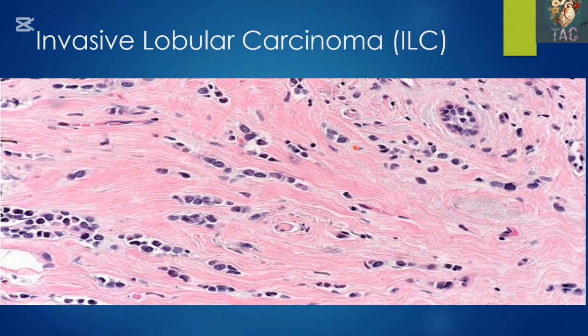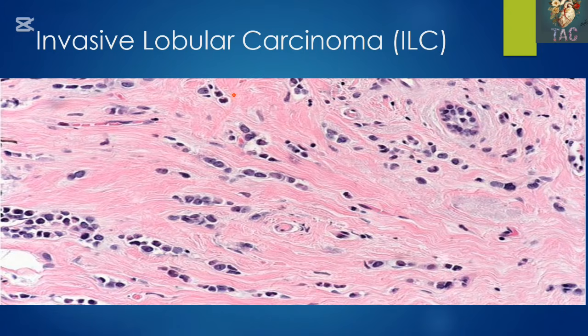Next is the slide for the invasive lobular carcinoma. In invasive lobular carcinoma, the discohesive cells infiltrate the stroma individually or in the form of single file linear cords. In this you can see the single file linear cords which are present in these areas.